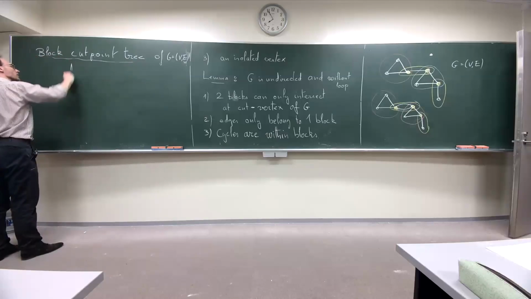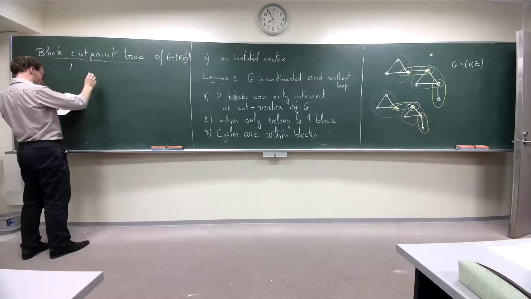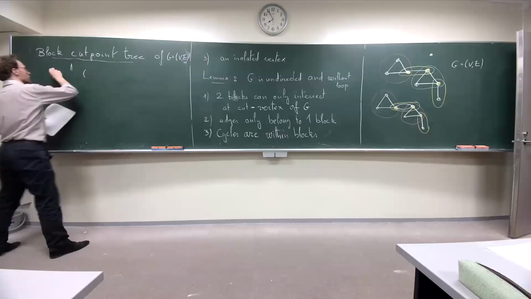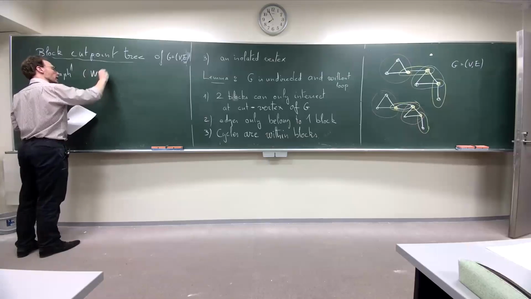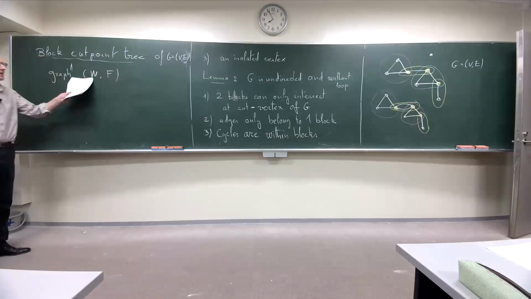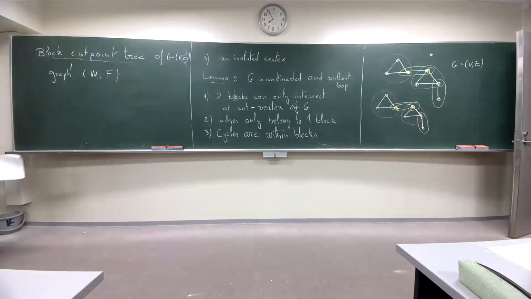It's a new graph, which I'm going to call the graph W, F. So this is for the set of vertices. This is for the set of edges.